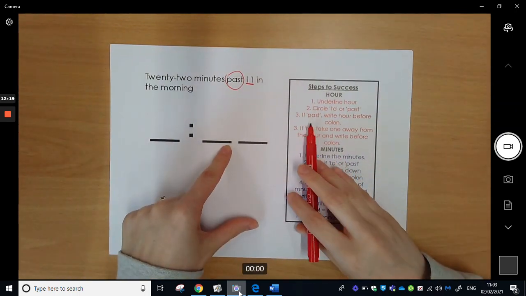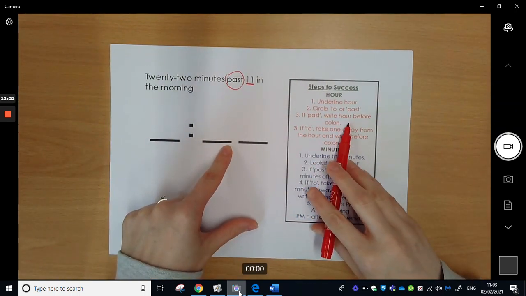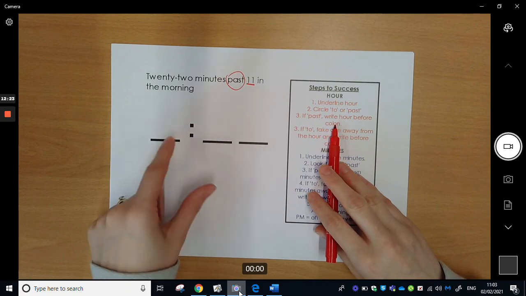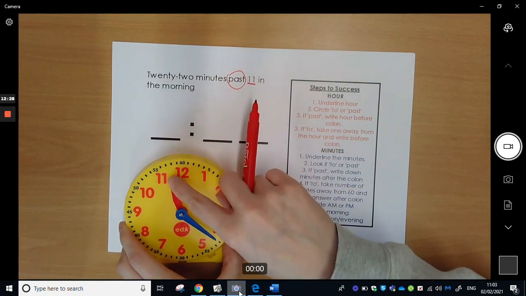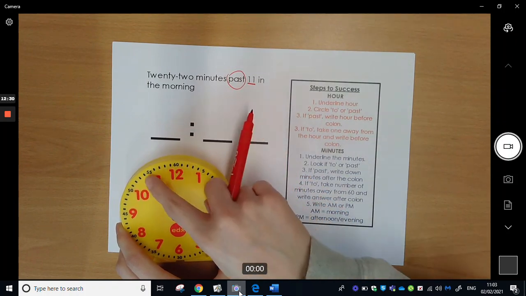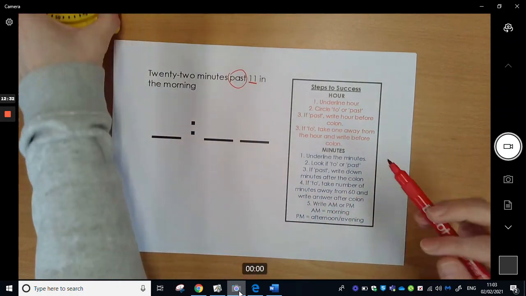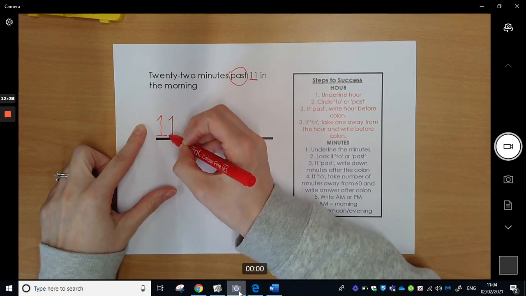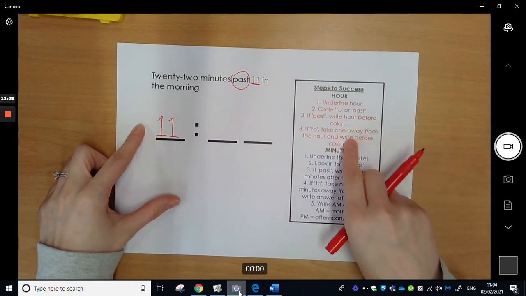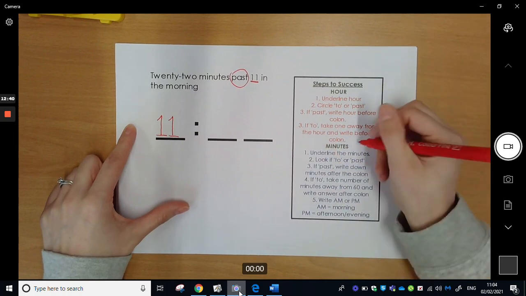So if it says past, I need to just write the hour before the colon, okay? I would just write 11 in here, okay? Because remember, if it's past, that is the hour that is past, okay? So it would still be 11 on this side. If it's to, I would have to do something slightly different. We'll look at that in the next example.